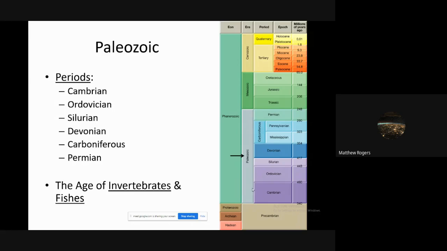And this is kind of, I wouldn't say a forgotten section, because that would be an appropriate way to look at it. But realistically, this is a section of time that doesn't get glorified as much compared to the Mesozoic, which is dinosaurs, or the Cenozoic, which is the rise of mammals. We don't really talk about the Paleozoic, but it's super important.